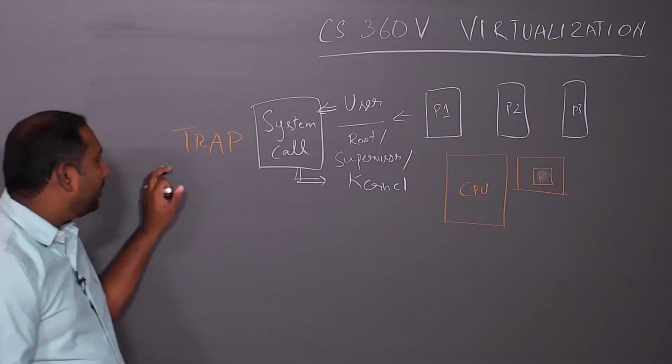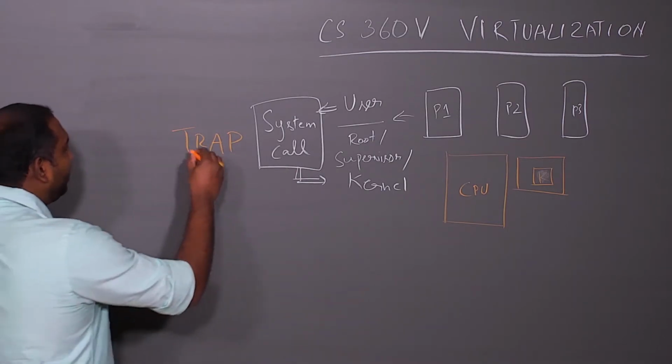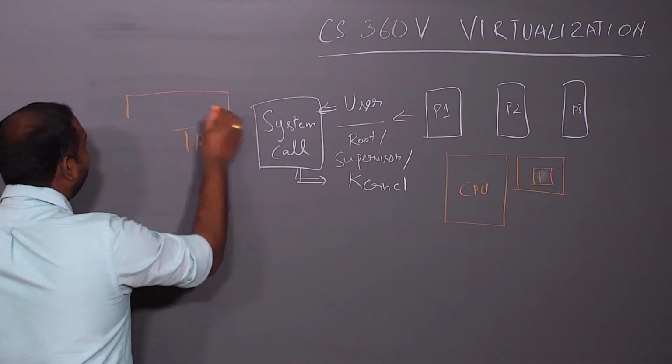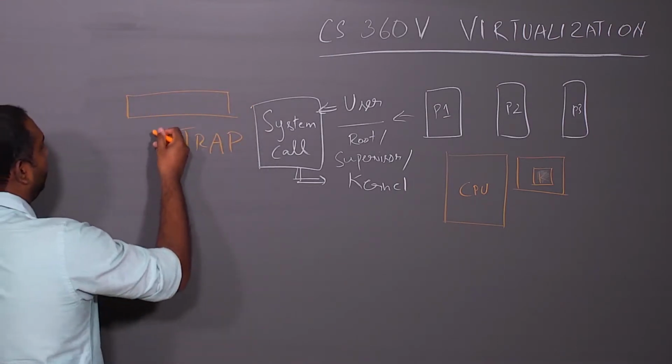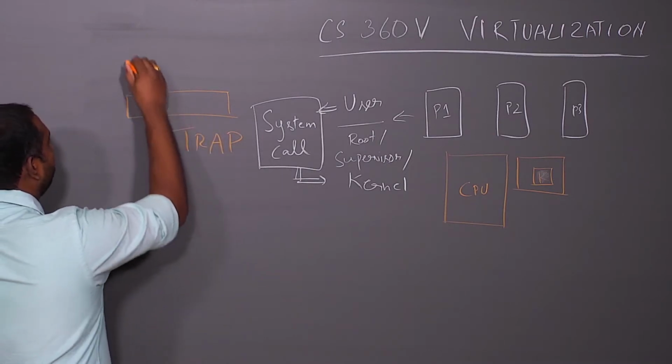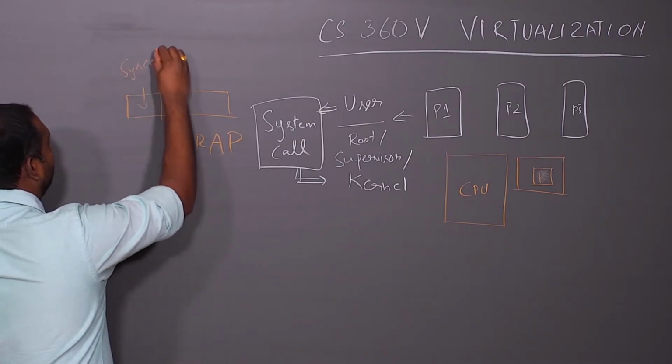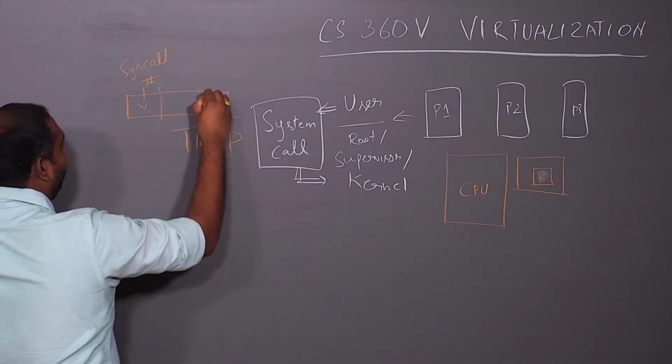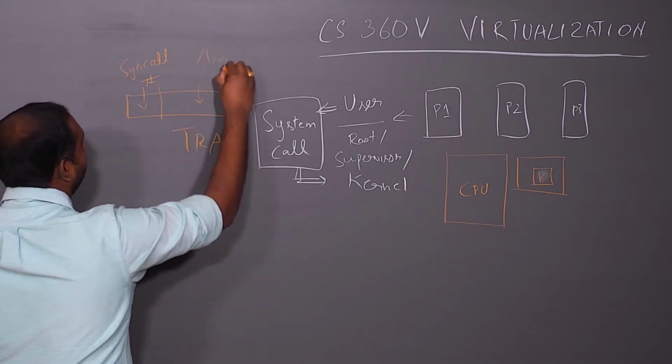When you're doing a system call, what you're really doing is generating a trap after laying out the data required for the system call. For example, this could be the syscall number, and then the arguments for the system call.